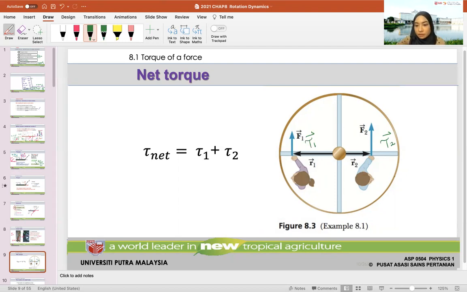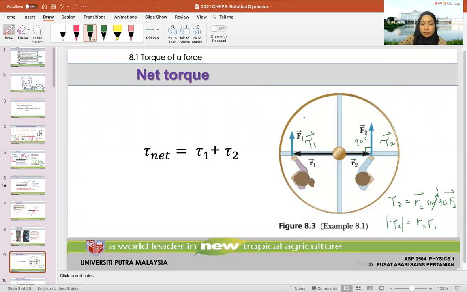So here, the torque for this guy, since the angle between F and R is 90 degrees, I'm going to write it like this, R2 sine 90 F2. So this becomes 1, so it just becomes R2 F2. This is the magnitude for torque 2.